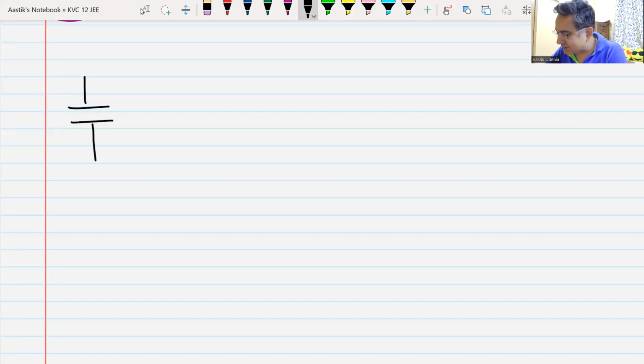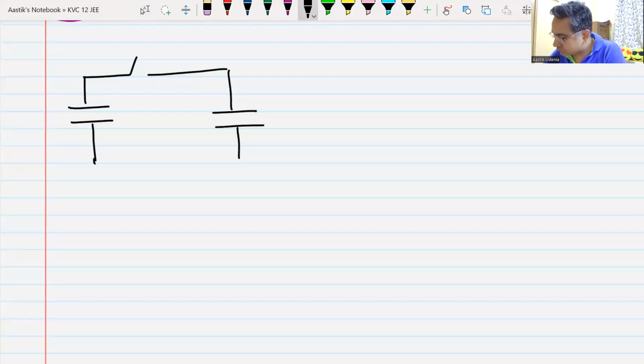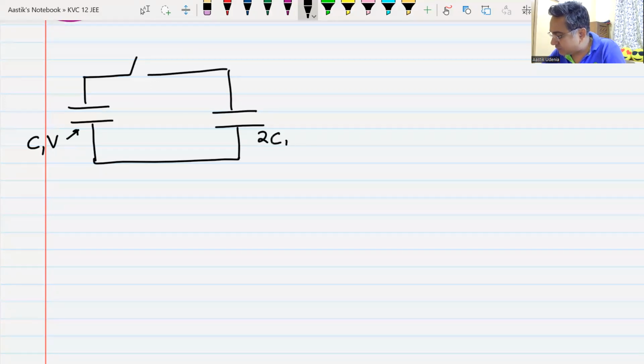I have this capacitor. Let me make the space a bit more so that I'll get more time, more space. This capacitor is C, charged to a voltage of V. This capacitor is 2C charged to a voltage of 3V.